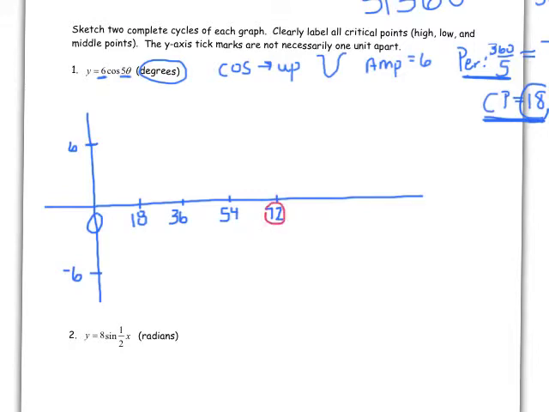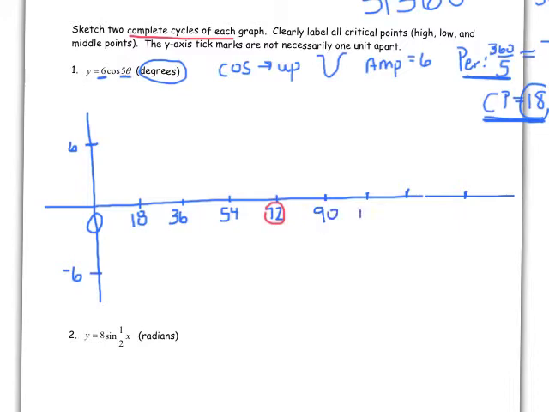But it did ask for 2 complete cycles. So let's go ahead and add 18 4 more times, right? Because now this represents my starting place for the second period, and I'm going to have 1, 2, 3, 4. So you can go ahead and mark 1, 2, 3, 4. If we add 18 again, that's 90.